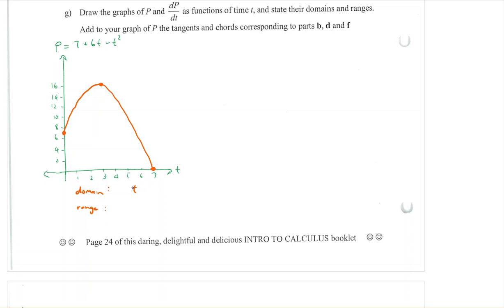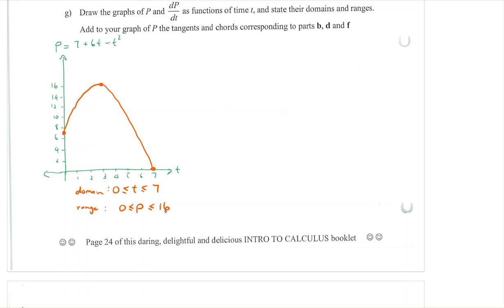It kind of has to be between two things. I know normally a parabola could keep going, but between 0 and 7 because I can't go into a negative population, so it's not going to go down further. I can't extend it any further down there, and I can't go into negative time. So between 0 and 7 for my time. The range, which is normally my y values, but it's going to be p. 0 to 16. Yeah, my smallest one is 0, and the highest was 16.